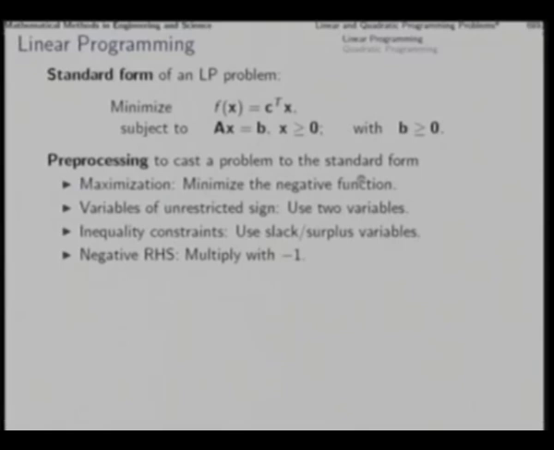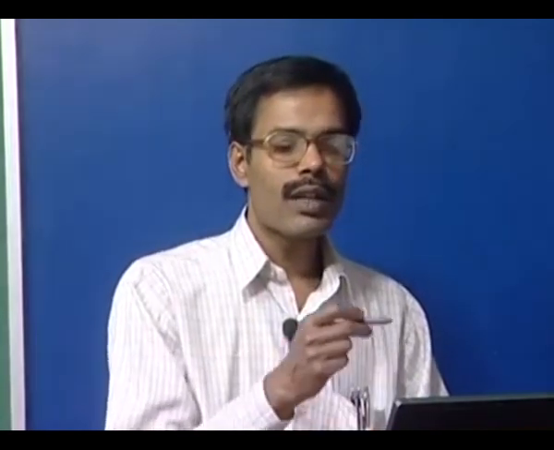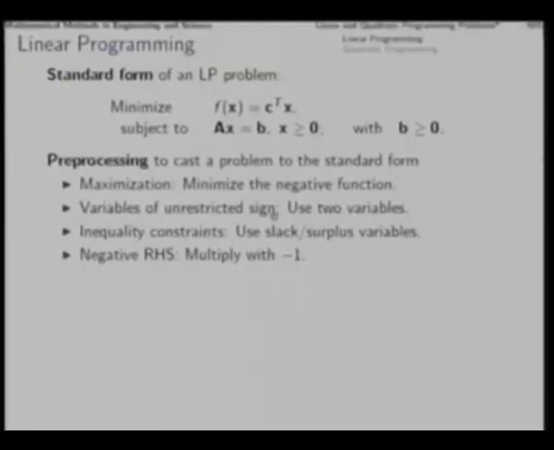Similarly, if there is a variable which can take positive as well as negative values, then we give two variables for that variable, that is, we put x as xp minus xq, and say that both xp and xq should be non-negative. So, the difference can be anything. Variables of unrestricted sign we replace by two variables, each of them being sign restricted.